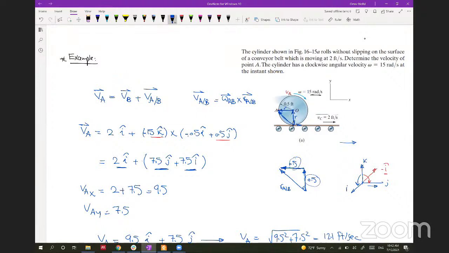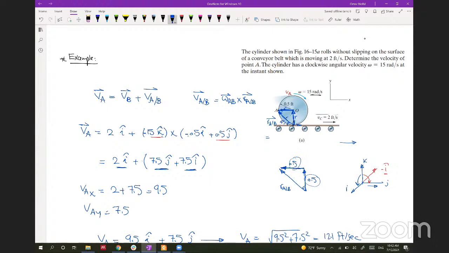So the magnitude of the RA with respect to B will be the root of R squared plus R squared, but we need it as a vector. So we need to know how much in X direction and how much in Y direction. And this is how you can get it. It's this part plus this part. Or if you want, you will get this angle as 45 degrees, and then you have R as a magnitude.